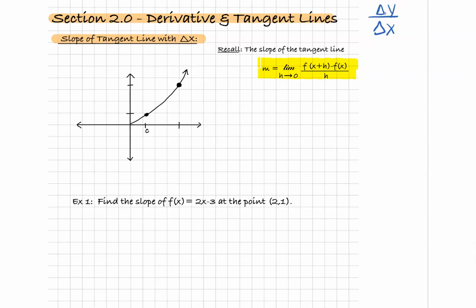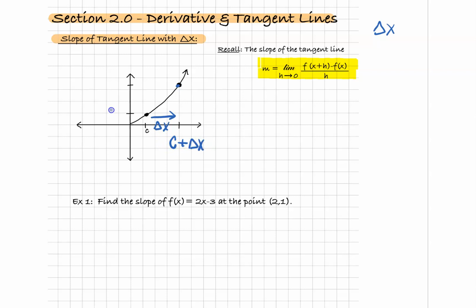That notation is just the change between the two. So if we're moving a point closer and closer and looking at the change between the two, I'm going to switch notations, and you're going to see me using delta x, but it's still that h distance away. If I take my C value and move delta x away, the x value for this new point would be C plus delta x.